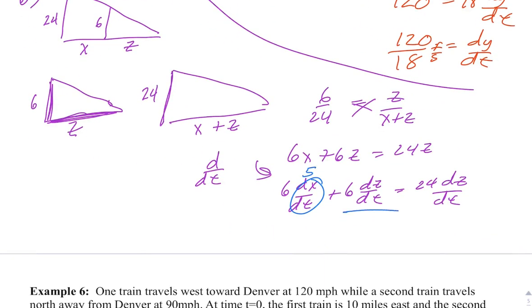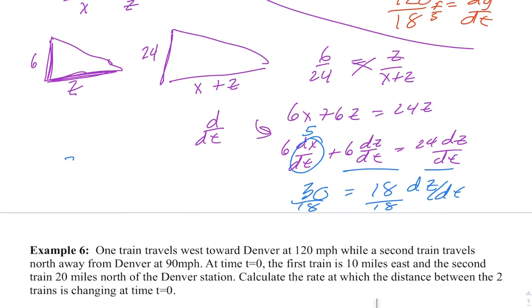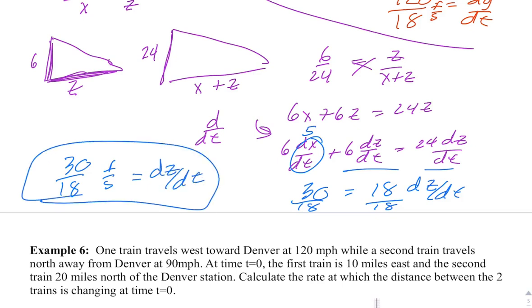And we were looking for those guys. So let's subtract that over. I'm going to get 30 equals 18 dz/dt. I just subtracted 6 from both sides. Divide by 18. And I get 30 over 18 feet per second equals dz/dt. So that's how fast the shadow is lengthening.